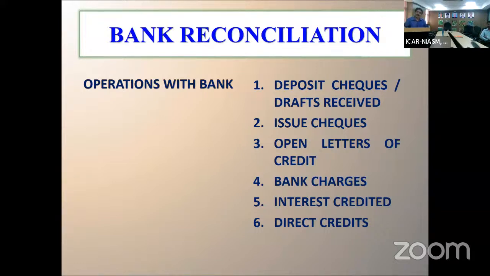Right hand side is the payment side. The cash book is a big register. So the left hand side of that register is the receipt side, and the right hand side is the payment side. Okay. Whenever we issue any check, it means some amount is to be paid to someone.